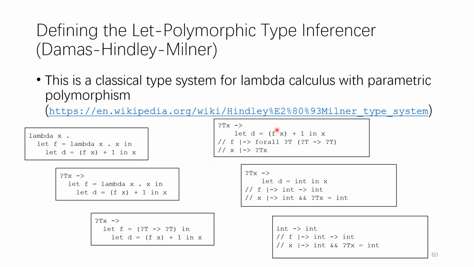So f in that instance has to have type int to int, not alpha to alpha for any type, but int to int. As a result, x must have type int, and the entire function must have int to int. So this is the right way to type it.